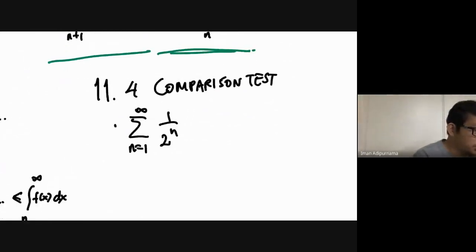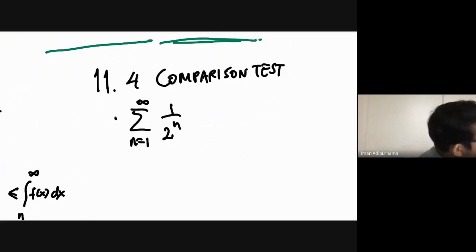To begin the comparison test, look at the series 1 over 2 to the power of n. Is it converged or diverged? What kind of series?